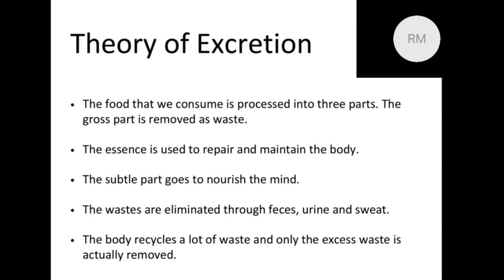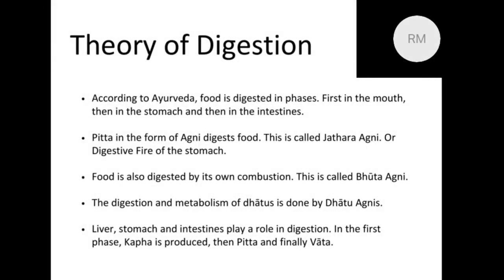And just this one point that I missed to mention in the theory of digestion is that the type of Vata that is responsible for the digestive function of the human body is Samana. So Samana Vata for digestion.